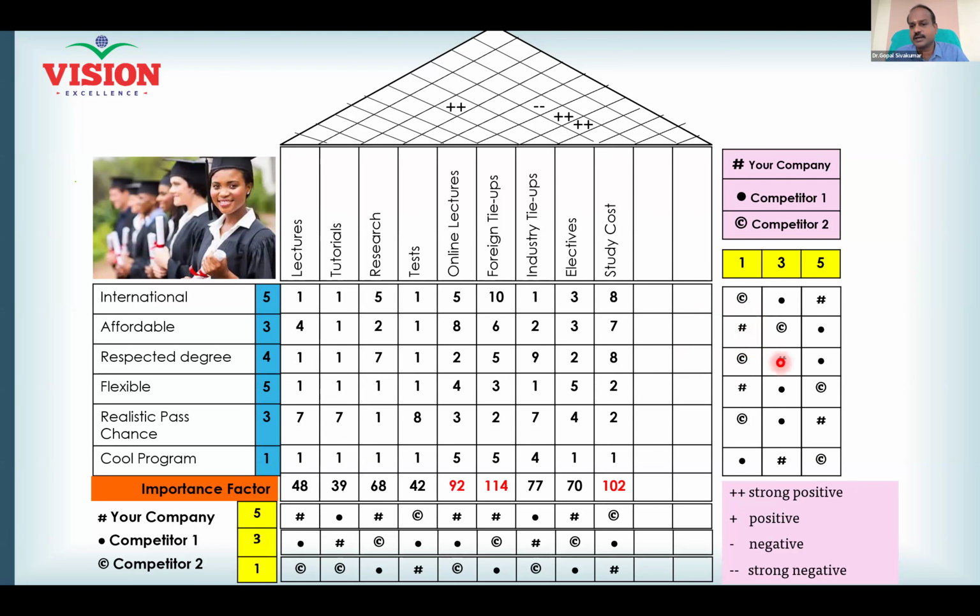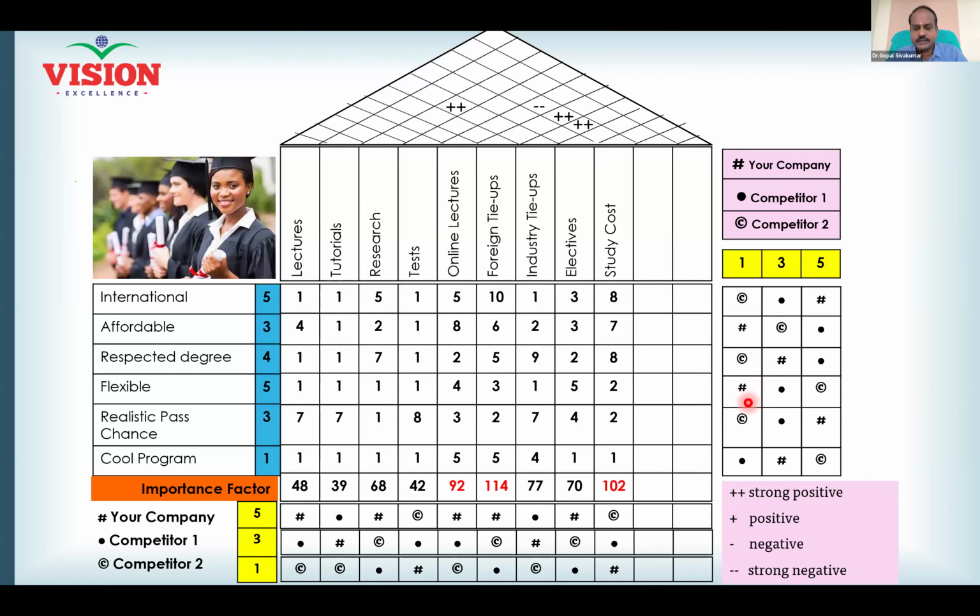That means your competitor 1 is performing well in terms of industry recognition. And now flexibility. Where are you with respect to flexibility? You are not up to the mark. Can you see that, all of you? Flexibility, you are here.